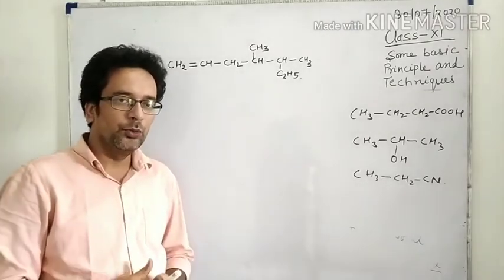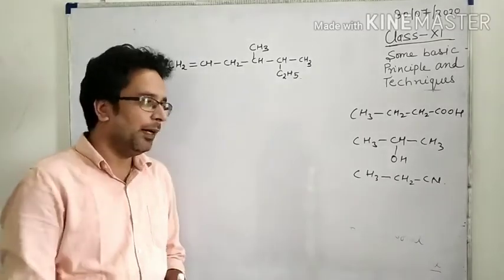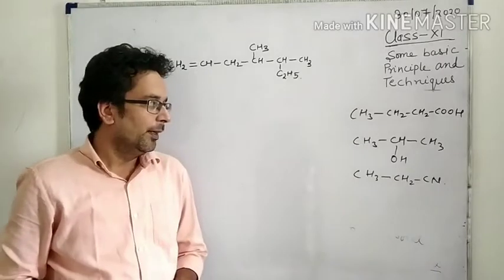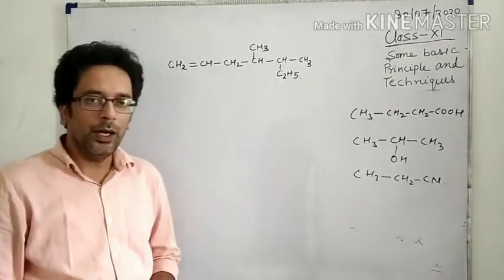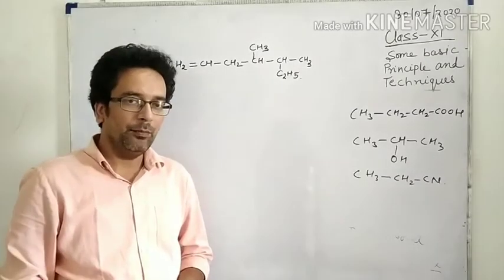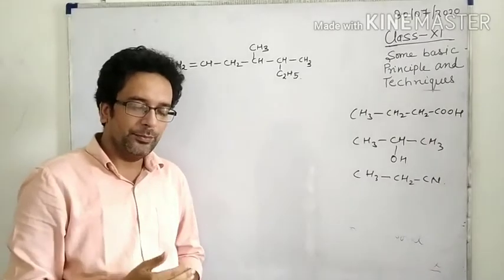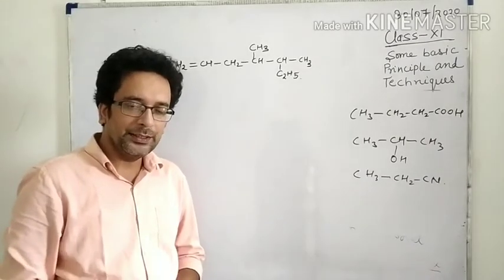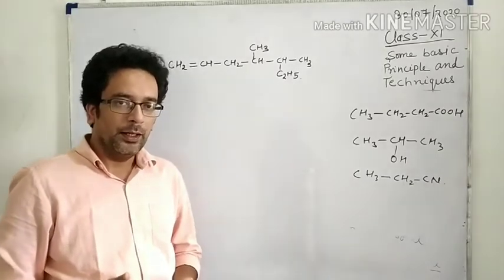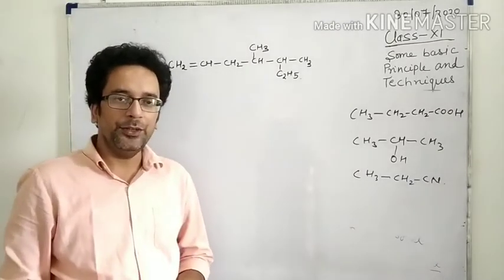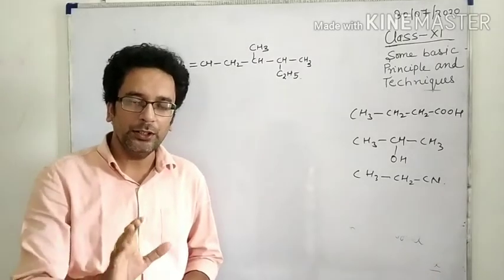Now all the rules discussed in the previous video apply in this case. It means first we select the longest chain. Okay, now we give the number from the side from which the functional group is nearest. Okay, if a side chain and a functional group are both present, then we give priority to the functional group.